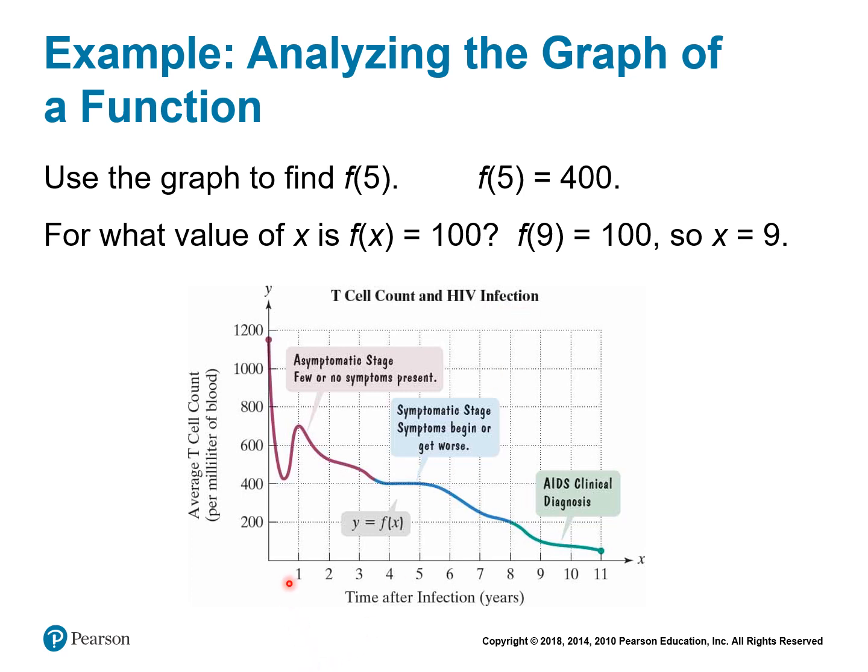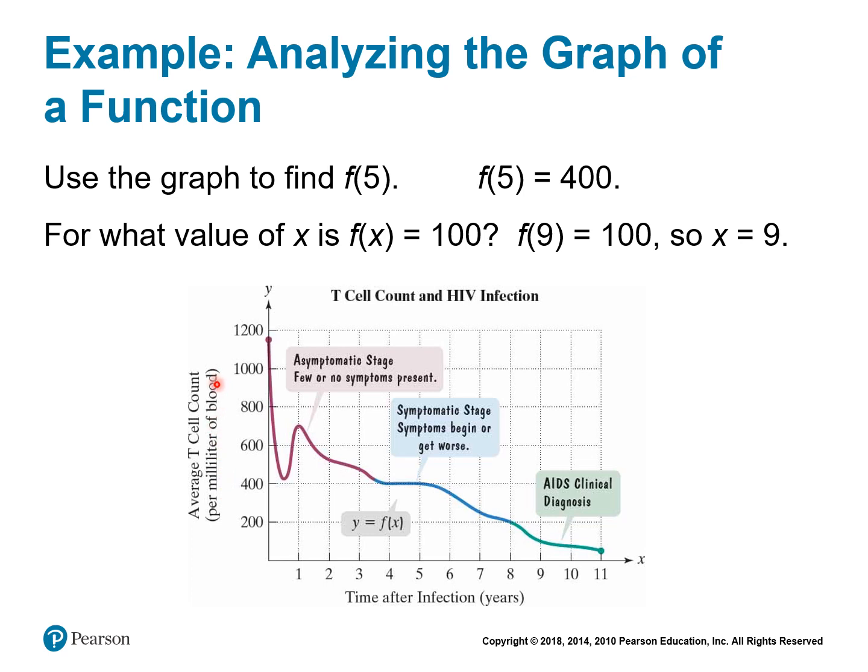On the x-axis, we have to understand what the x-axis represents. It says time after HIV infection, and the y-axis represents average T cell count per milliliter of blood.